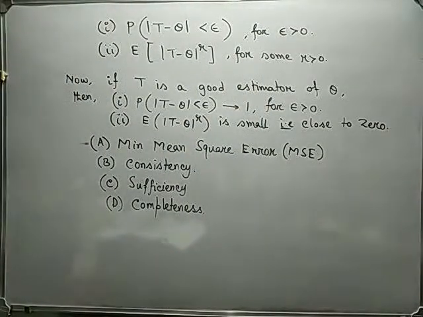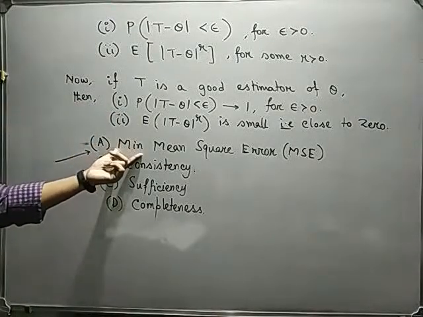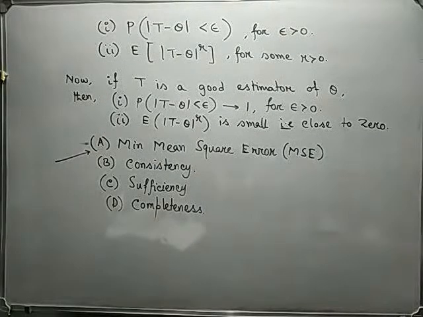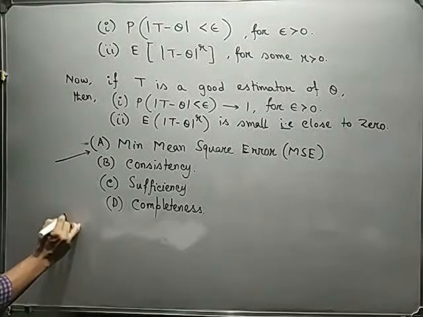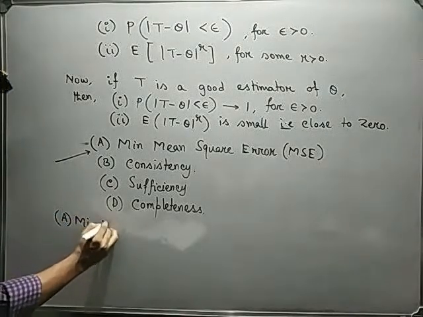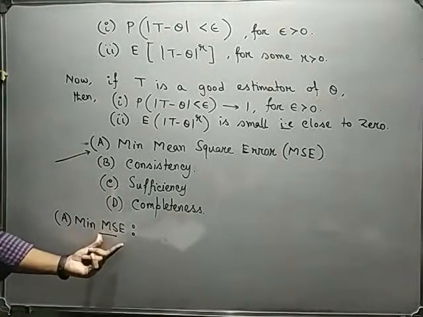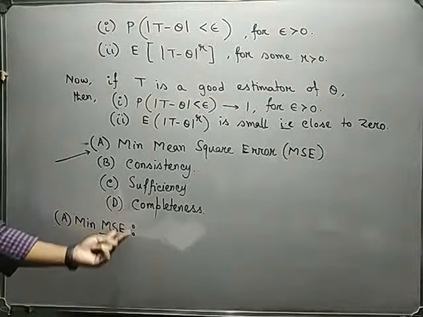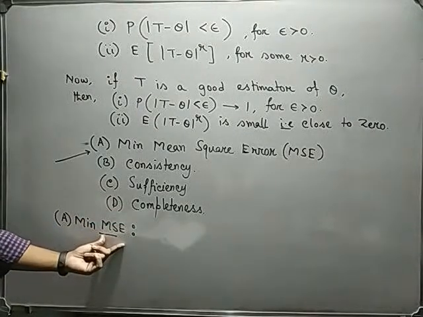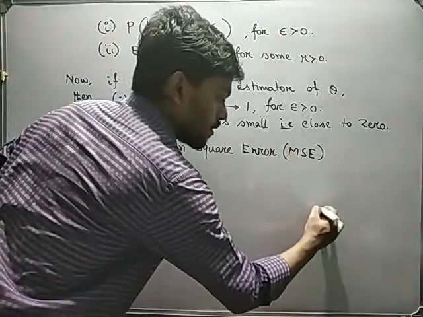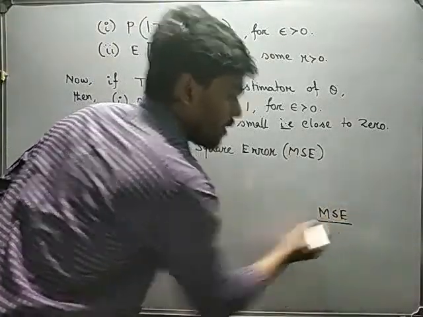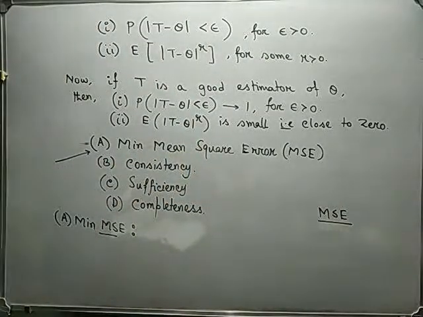Now we will start from the first one, which is minimum MSE, or minimum mean square error. In statistics, this type of short form, MSE, can be simplified by backtracking.